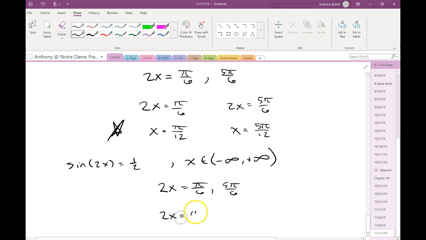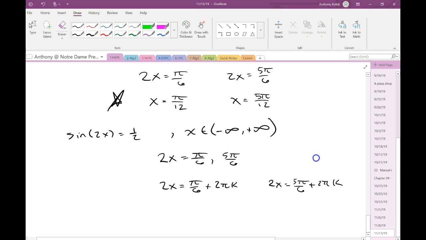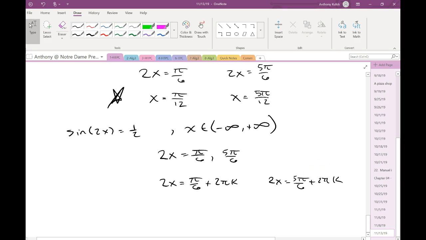So I can write 2x is equal to pi over 6 plus 2 pi k, and then 2x is equal to 5 pi over 6 plus 2 pi k. Everybody okay there? Because we're solving it for all real numbers. And now when we multiply both sides by 1/2, that 1/2 distributes to the angle as well as the 2 pi k.